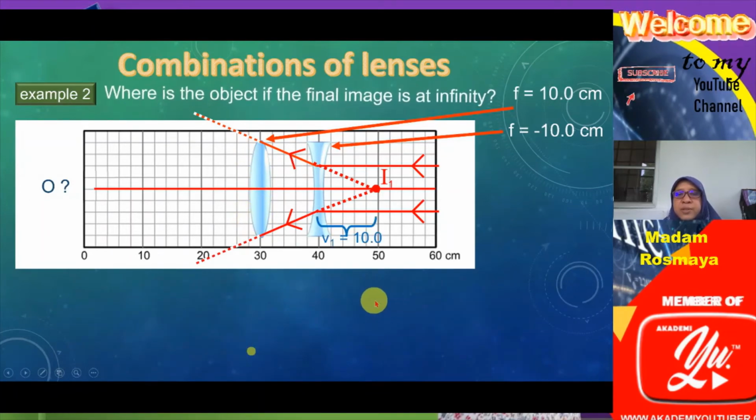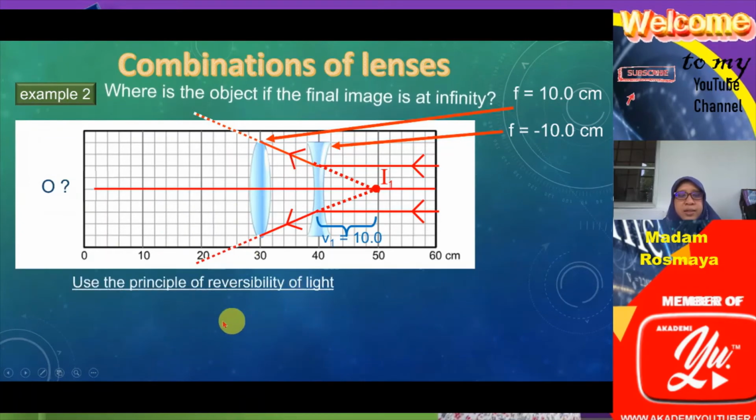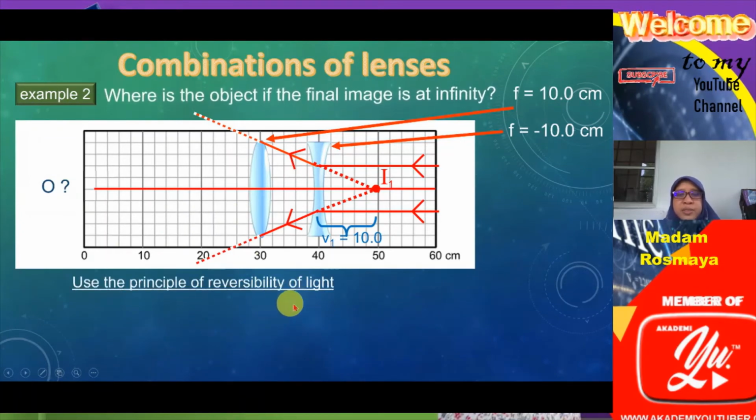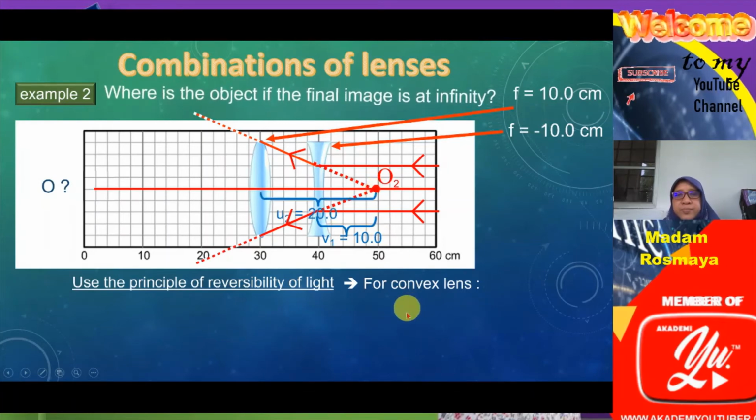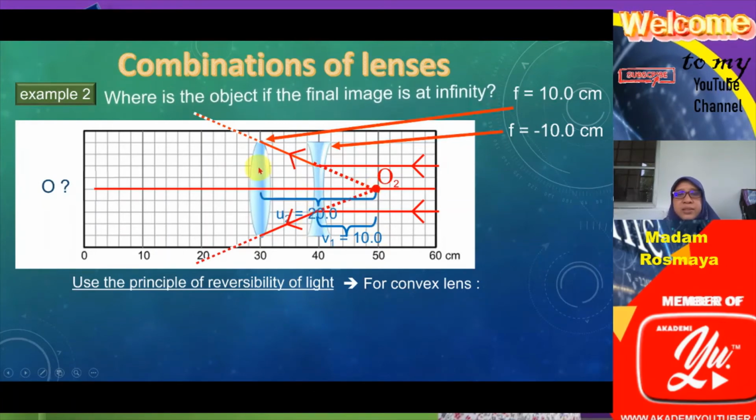Now for the convex lens, we also use the principle of reversibility of light. The I1 just now becomes the object for the second calculation. The distance from the convex lens is 20 cm. Here is 10, so another 10, becomes 20 cm.